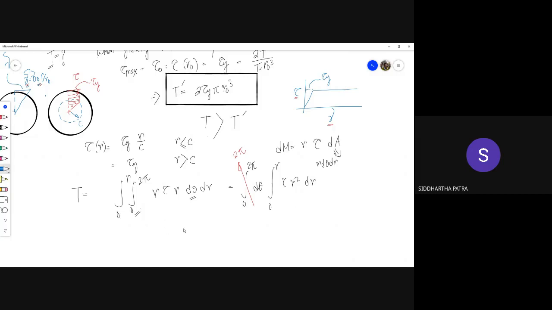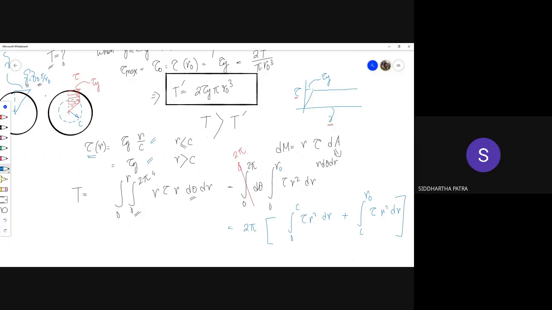Now that integration could be split into two parts. One is the integration between 0 to c, and then the other one is from c to R0. Now substitute these expressions for tau of r. Tau is a function of r.